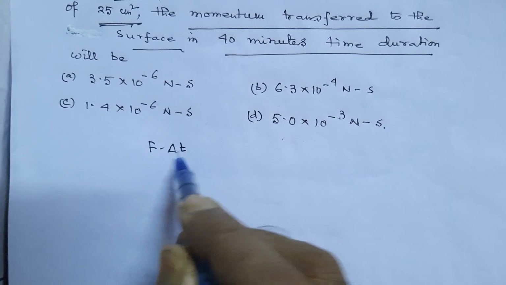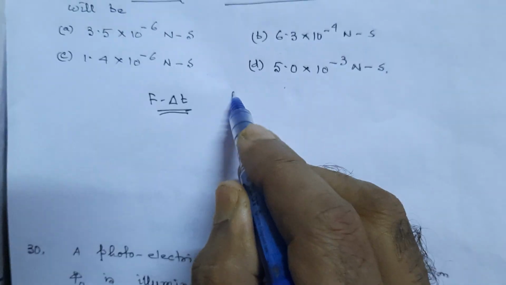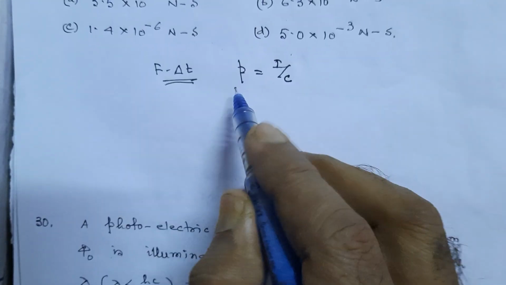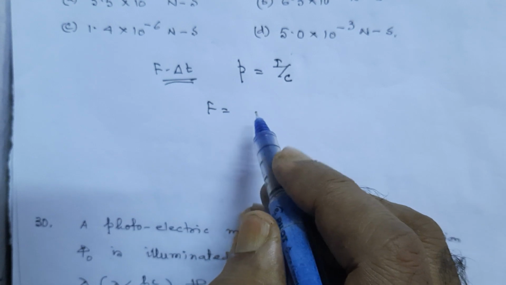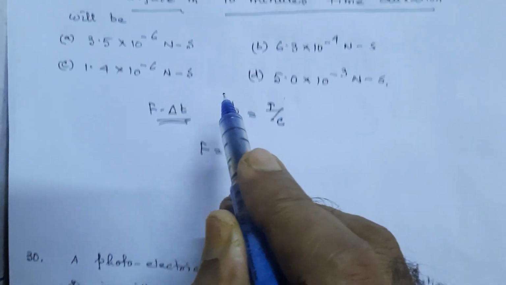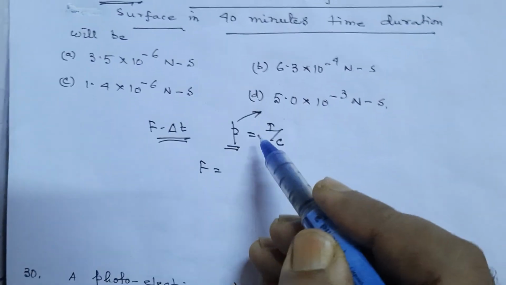Now let us see what is the force acting. The momentum given to the surface by radiation, P equals I by C; that is the pressure exerted on the surface.